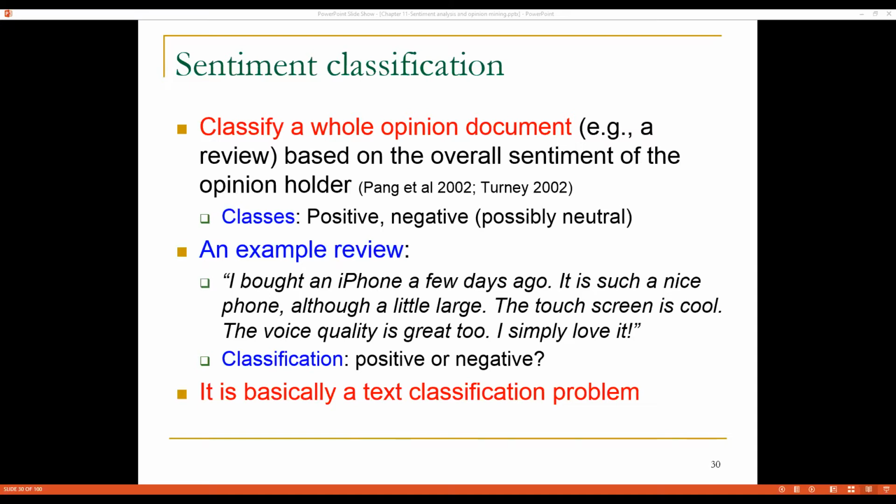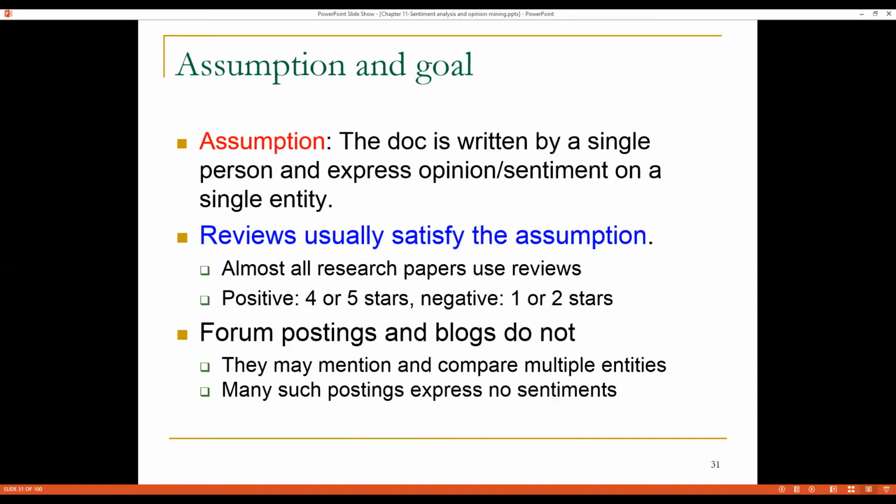So it's basically a text classification problem. However, there's an assumption. The document is assumed to be written by a single person and express an opinion or sentiment on a single entity. Reviews usually satisfy the assumption.